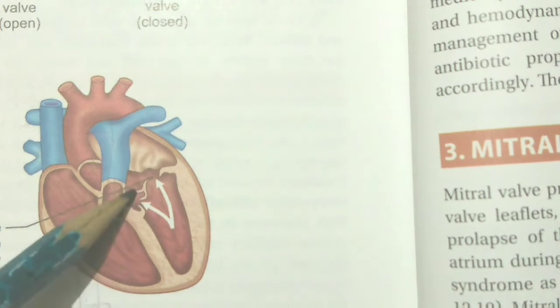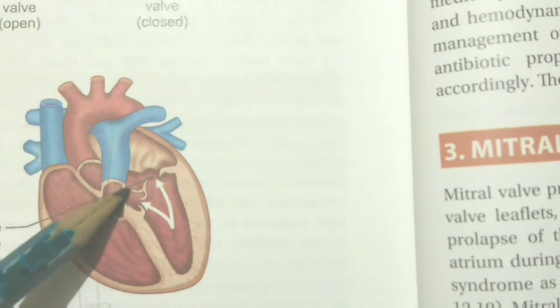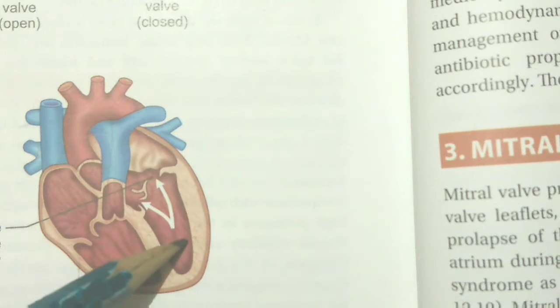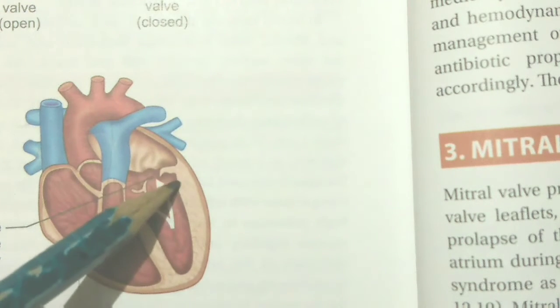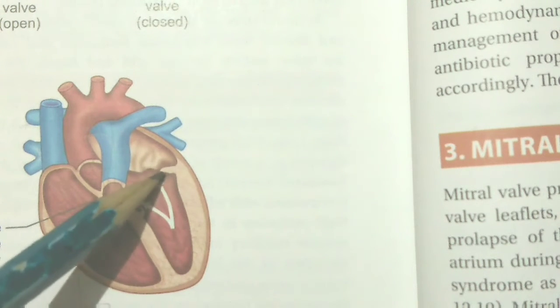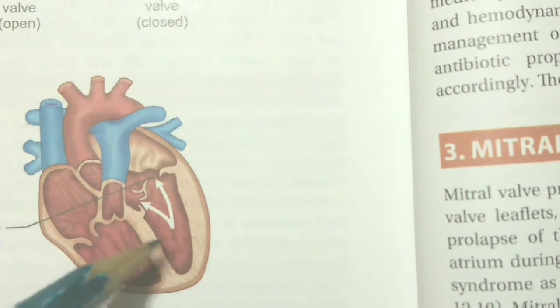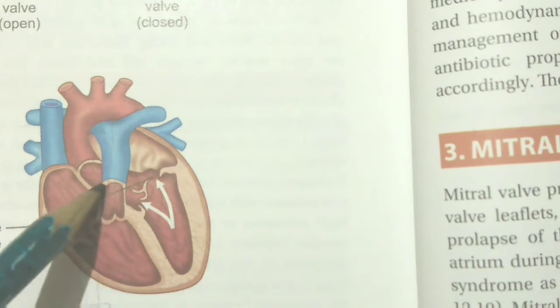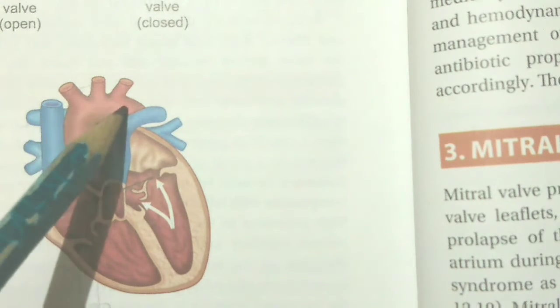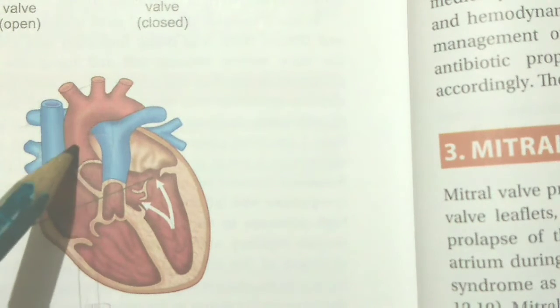So from the left atrium, the blood is pumped into the left ventricle through the bicuspid valve. From the left ventricle, blood goes to the aorta. This is the arch of the aorta, this one.